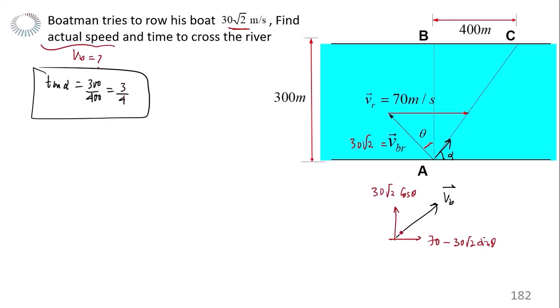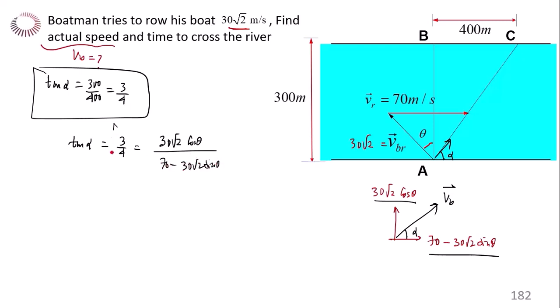So this angle is alpha. Tan alpha is 30√2 cos theta divided by this number. So tan alpha, that is 3 by 4, should be equal to 30√2 cos theta divided by 70 minus 30√2 sin theta.